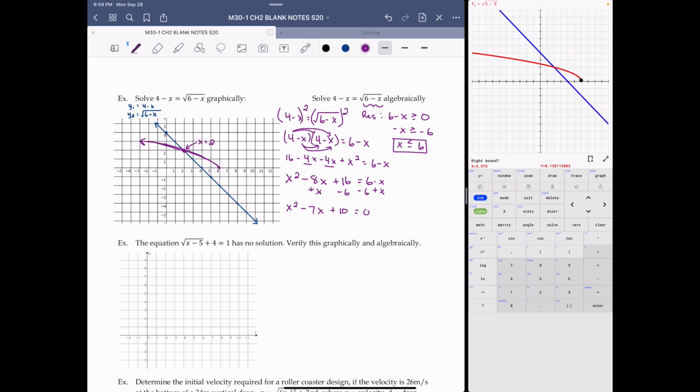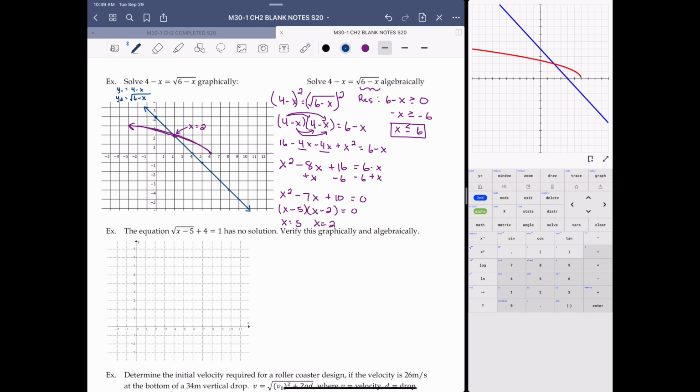And then we want to solve this algebraically. I can tell that this one is factorable, so I'm going to factor it. 2 factors of 10 that add to negative 7 would be negative 5 and negative 2. So I get x minus 5 times x minus 2 equals 0. And then I solve each of those factors. x would have to equal 5 and x would have to equal 2.